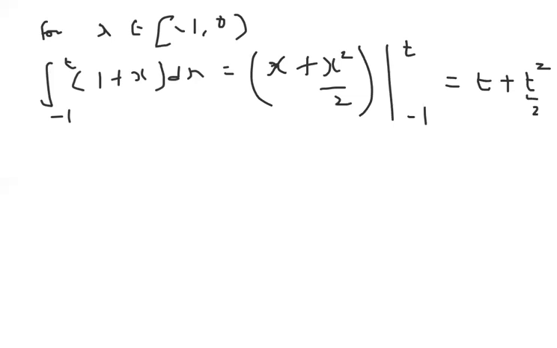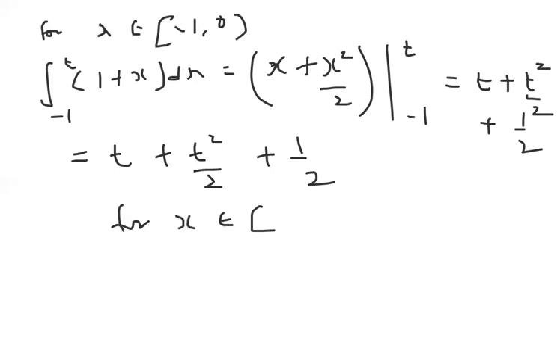Now the next one is for x belonging to 0 with 1 not inclusive. That gives the integral from 0 to t of 1 minus x dx, because this range has this function.